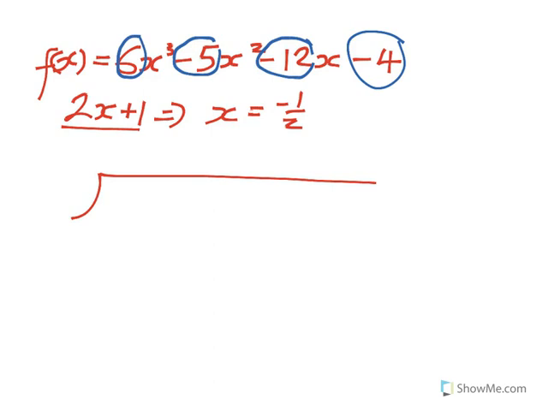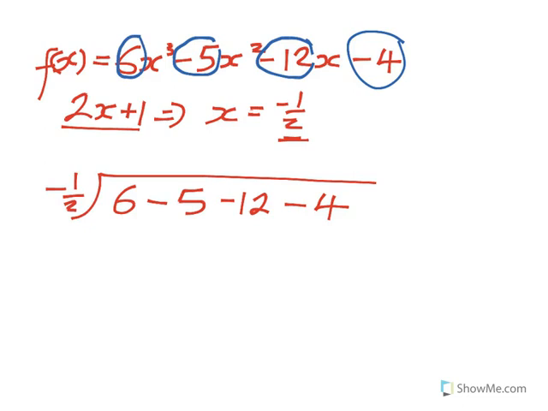So I'm going to write those numbers with their signs. I will have 6, minus 5, minus 12, minus 4. And then what I need to do is to have here the x value, which is minus a half.